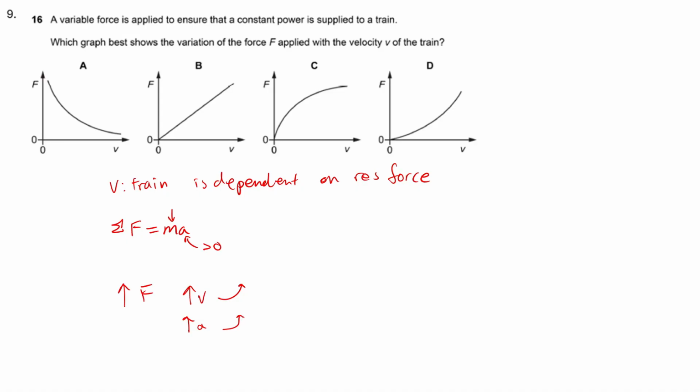So yeah. But we have to be careful because F is actually on the y-axis, right? And then v is on the x-axis. So we know that, for example, if... Oh, that's a bad diagram.